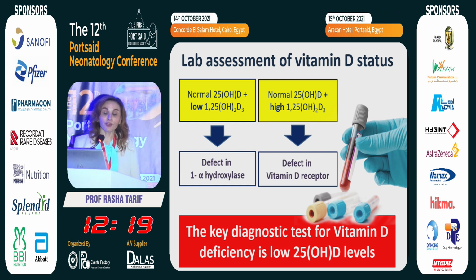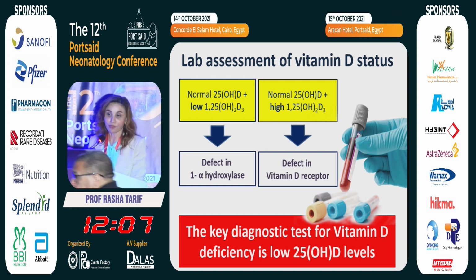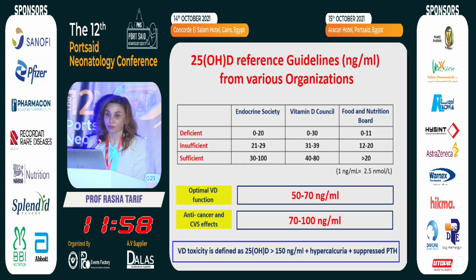So if you have normal 25-hydroxy vitamin D with low 1,25-dihydroxy vitamin D, this is a defect in 1-alpha hydroxylase. Normal 25-hydroxy vitamin D and high 1,25-dihydroxy, this is resistance or defect in the vitamin D receptor.